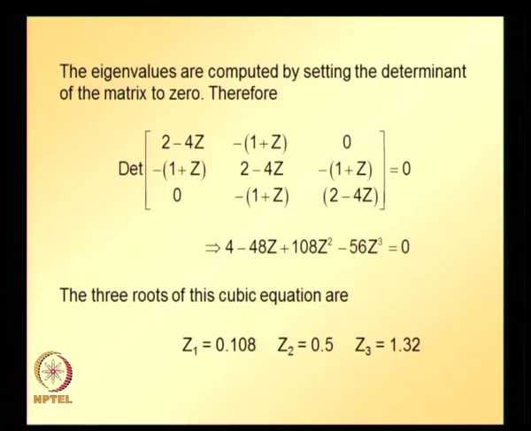So, now Z is equal to PL square over 96 EI. To calculate the buckling load of the column, we equate the lowest eigenvalue to PL square over 96 EI and back calculate what P is.